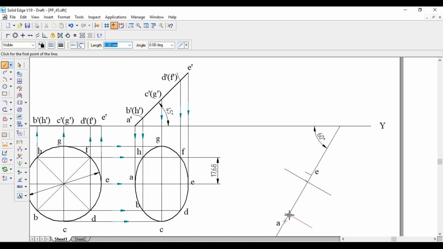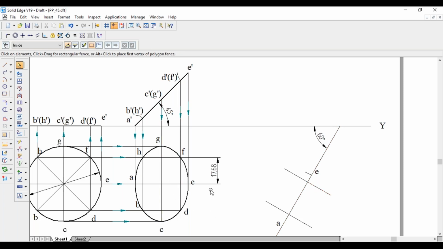Opposite side, 17.68 mm. Now we got another 4 points. So 6 points we got.